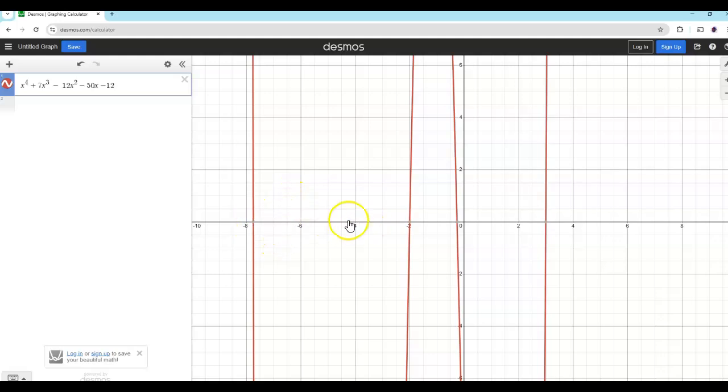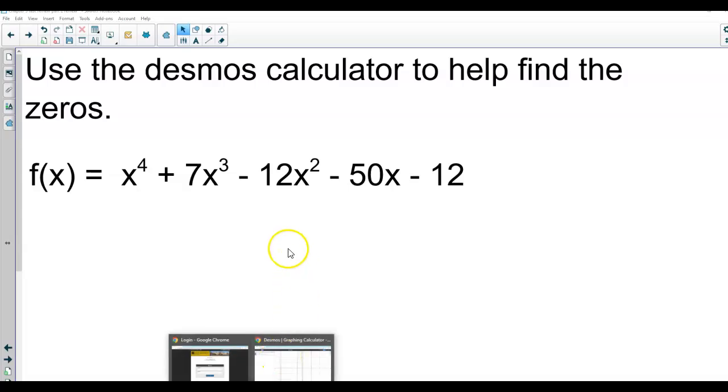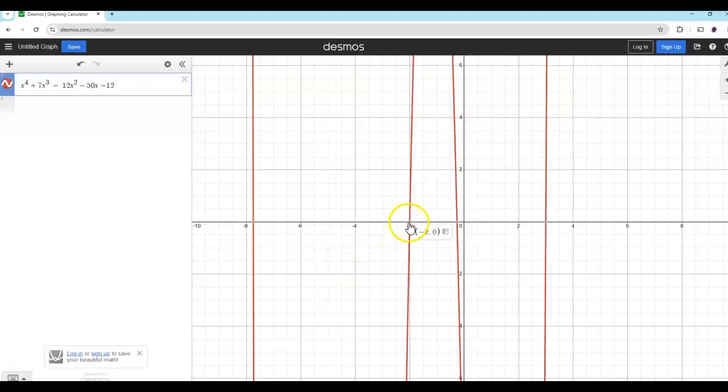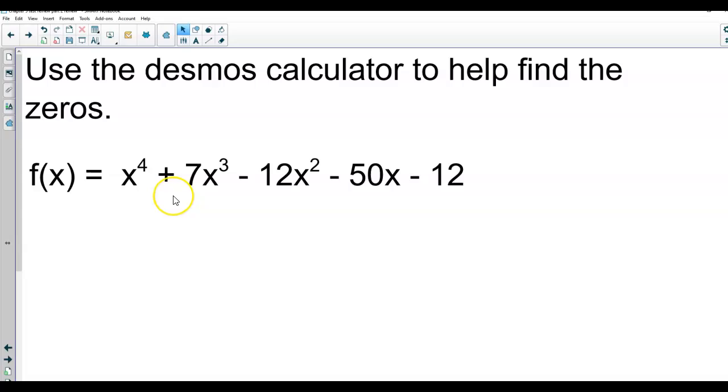So here, this is not rational, but negative 2 and 3 are rational. So we can use the Desmos calculator to speed up our synthetic division. Negative 2 and 3 work.